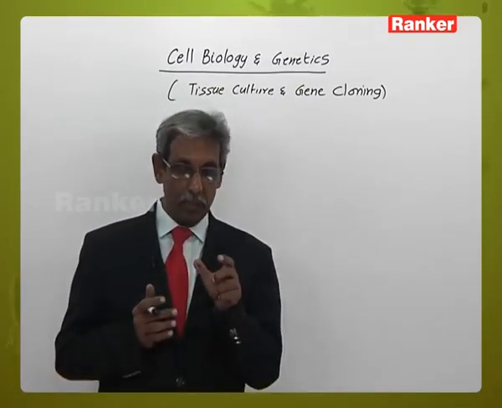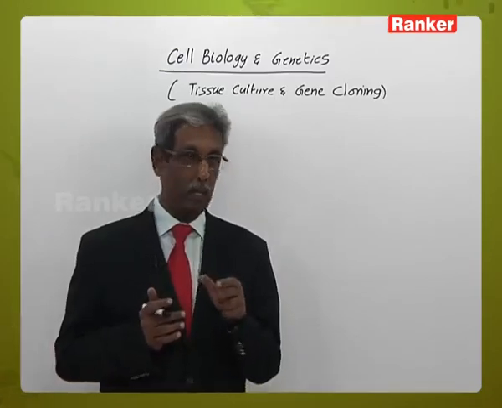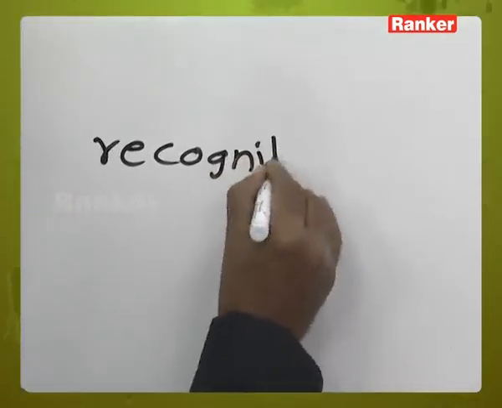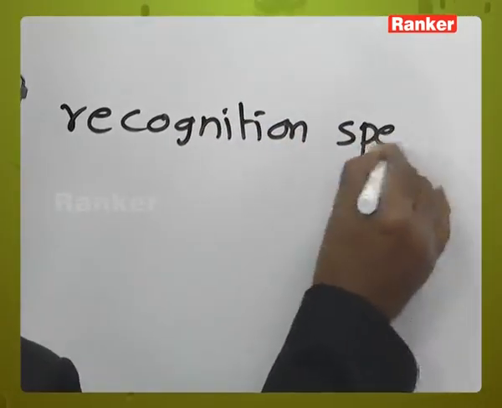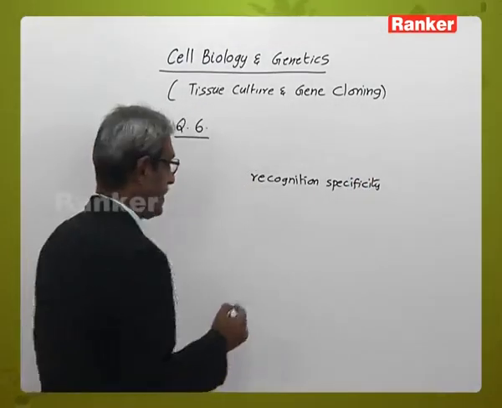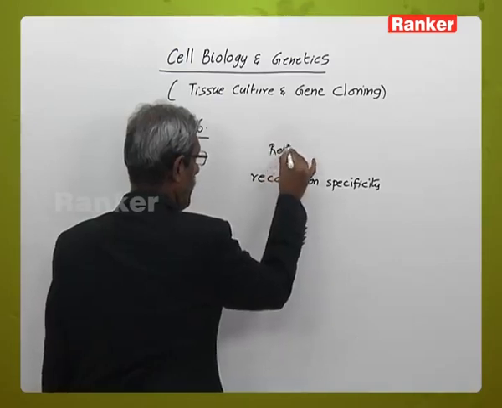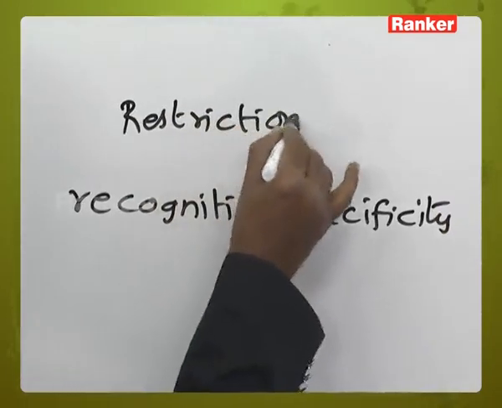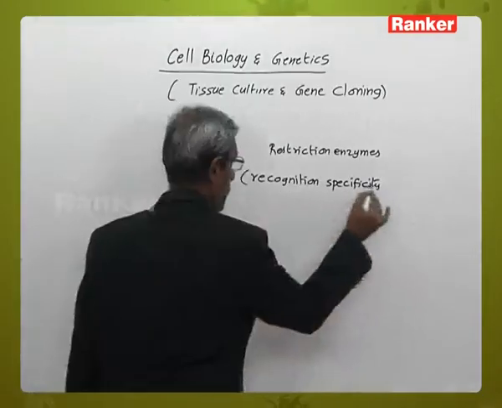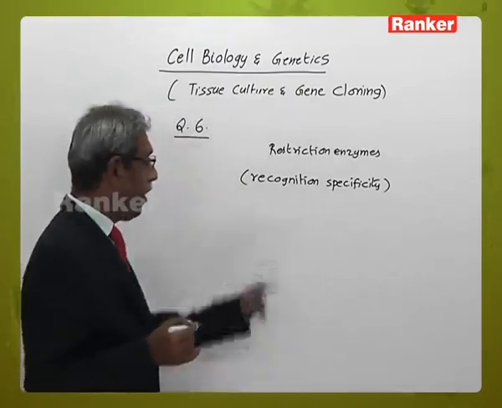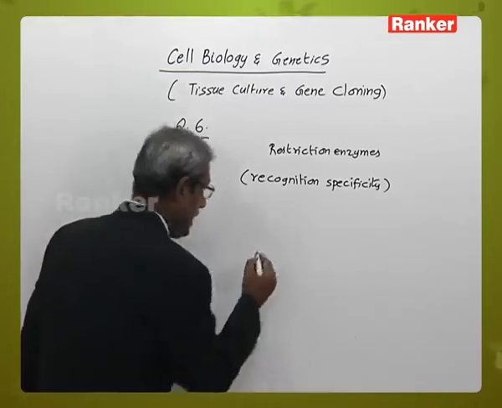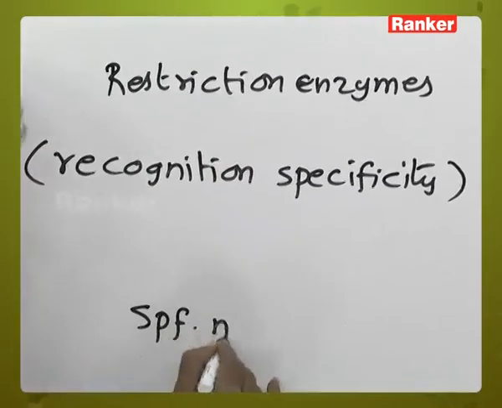So, this specific recognition is termed as recognition specificity. So, recognition specificity is a characteristic feature of restriction enzymes. Because of the property of recognition specificity, the restriction enzymes will identify specific nucleotide sequences.